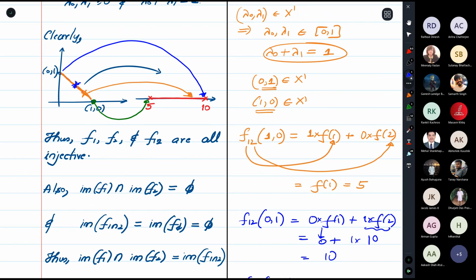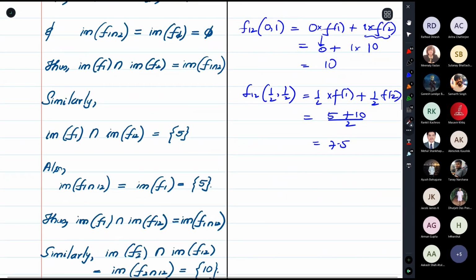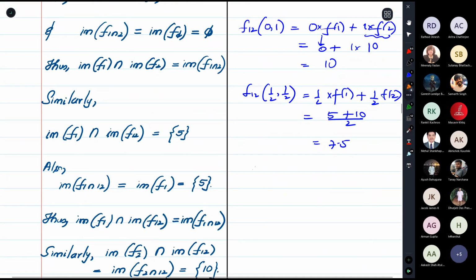So you can see that this element gets mapped to the midpoint, which is 7.5. So in this way, every element here will get mapped to suitable elements on this real line between 5 and 10. Is this okay? So now with this, we have finished constructing f1, f2, f12.